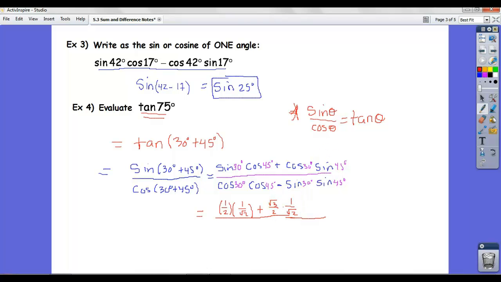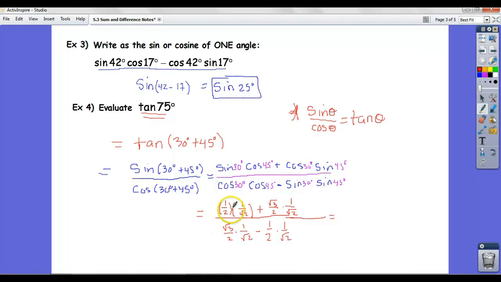So there's my numerator. And then my denominator is cosine of 30, root 3 over 2. Cosine of 45 is 1 over root 2. Sine of 30, minus. Right, minus. Sine of 30 is 1 over 2. And sine of 45 is 1 over root 2.